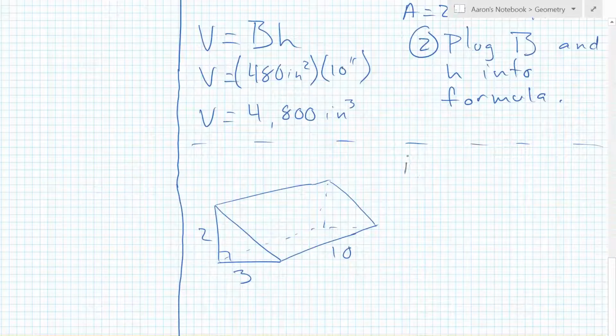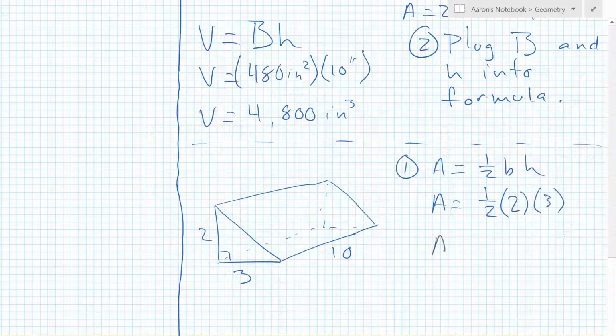The first thing we're going to do is find the area of the base again. Area equals 1/2 base times height. So area equals 1/2 times 2 times 3. Area equals 3 units squared. Whenever there aren't units indicated, just give it a little u.